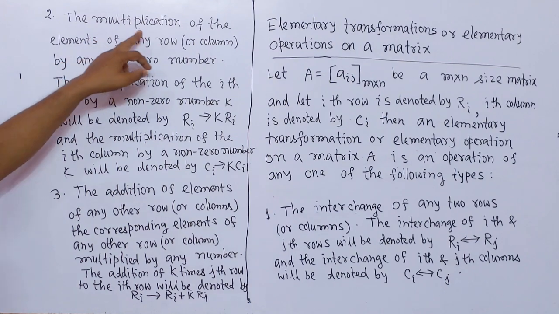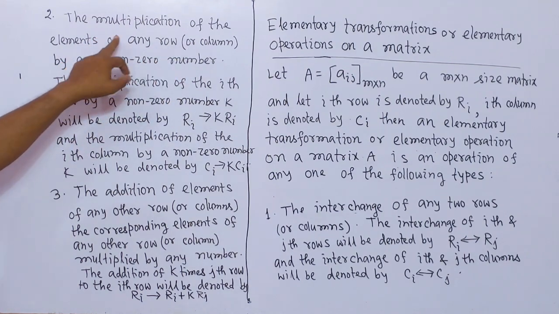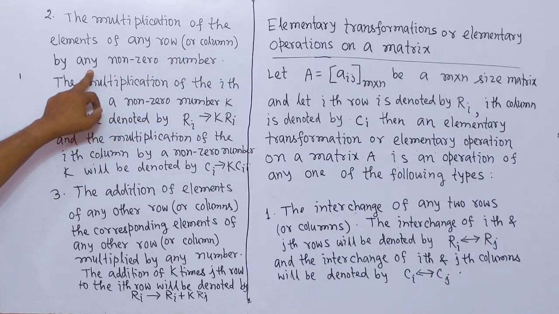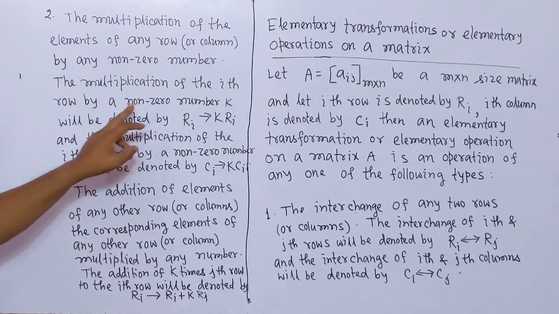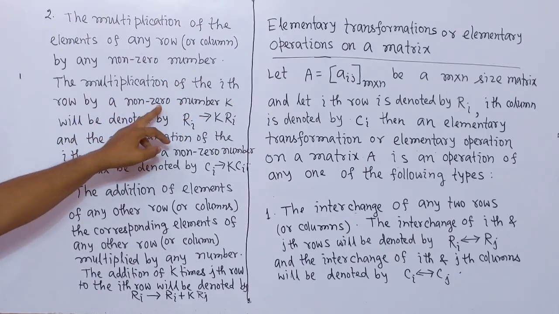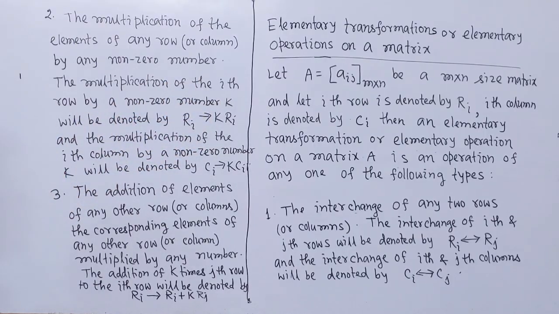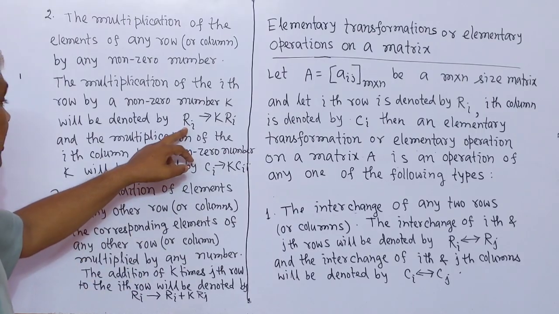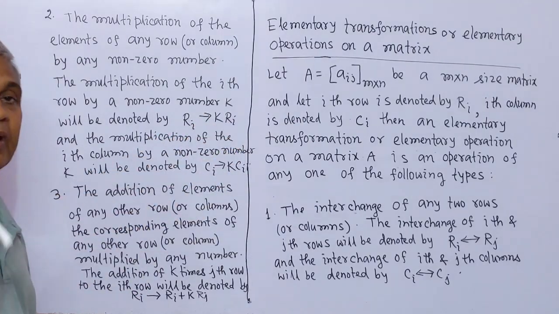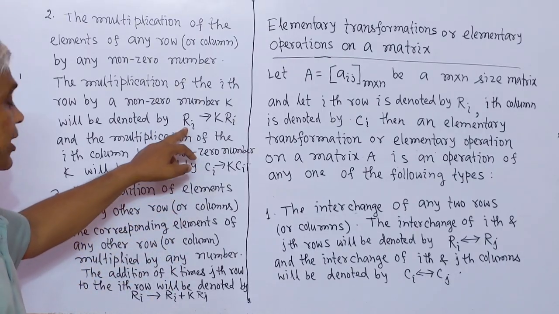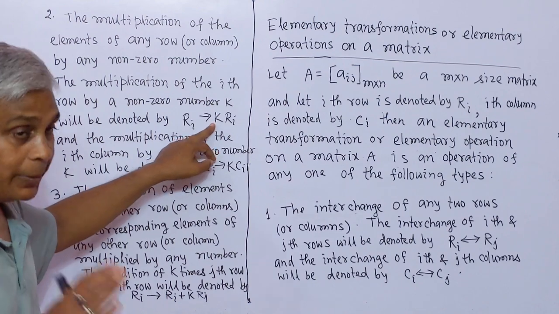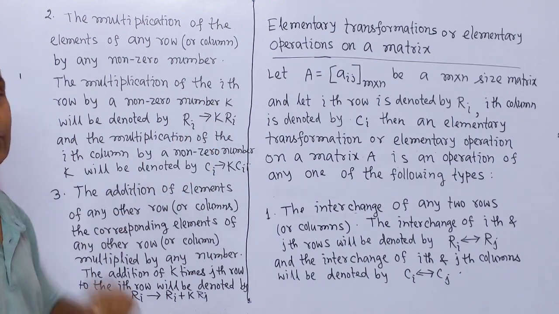Number 2, the multiplication of elements of any row or any column by any non-zero number. The multiplication of the ith row by a non-zero number k will be denoted by Ri ⟹ kRi, which means in the place of the ith row Ri, we write k multiplied by the elements of the ith row.